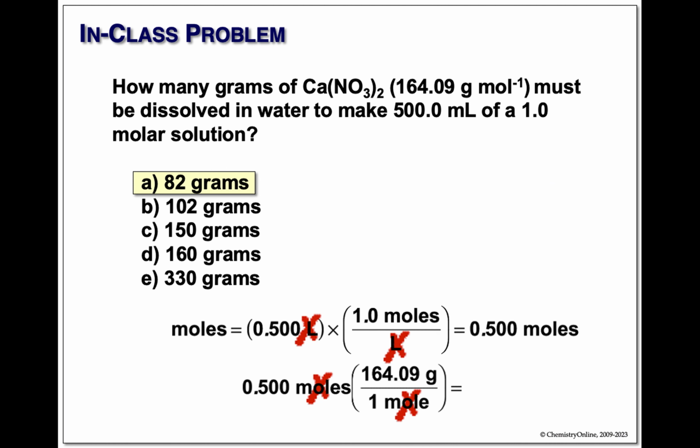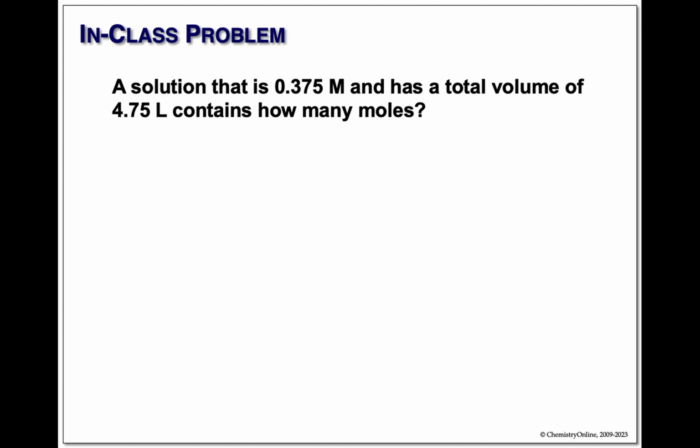Let's do another. We have a solution that is 0.375 moles per liter. Total volume is 0.475 liters. How many moles do we have? On the exam, this was actually an extra credit, so you had to show your work.